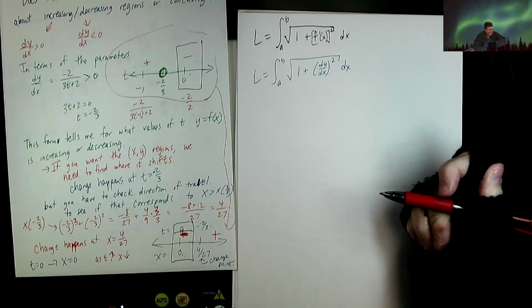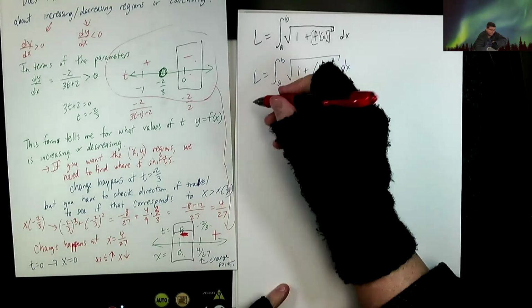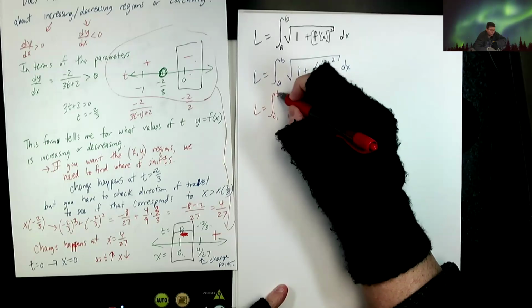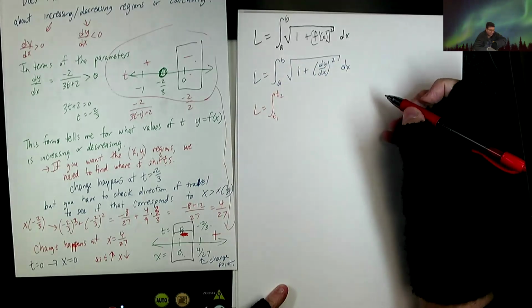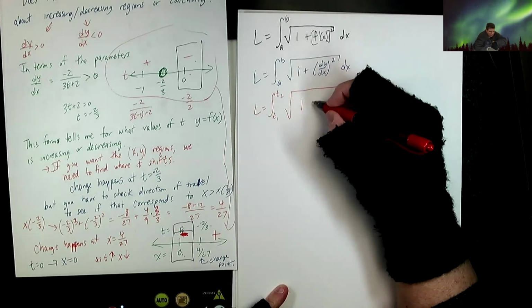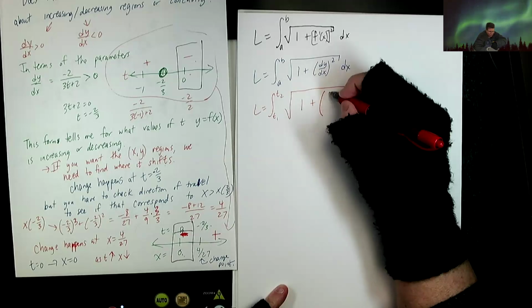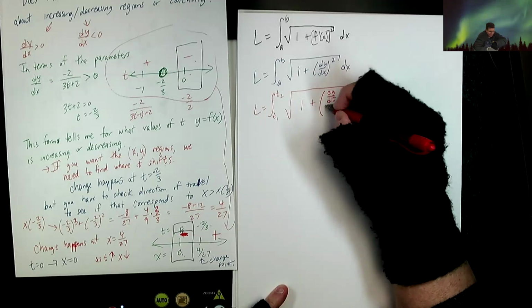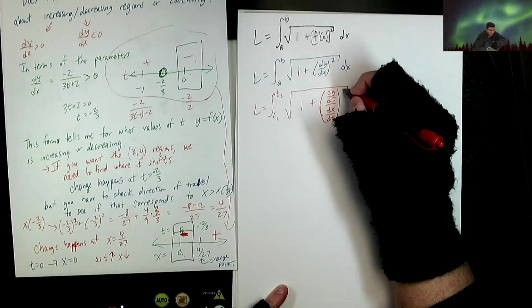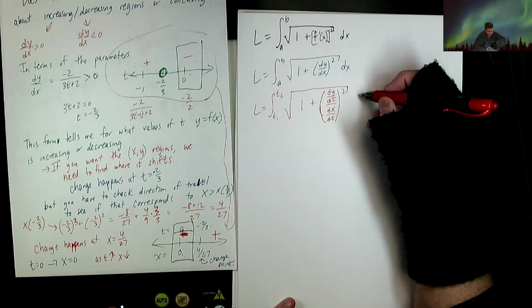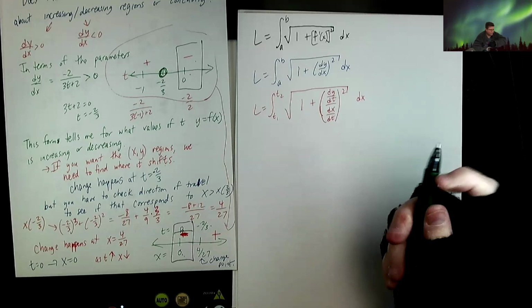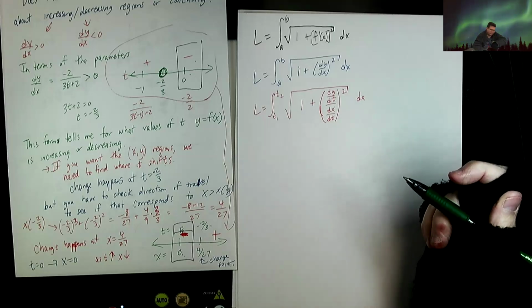When we switch to t, what's going on? We go from t1 to t2, start point to end point, basically. dy dx was dy dt over dx dt. I'm trying to show you a way that you can always pull the new formula out from the old one.